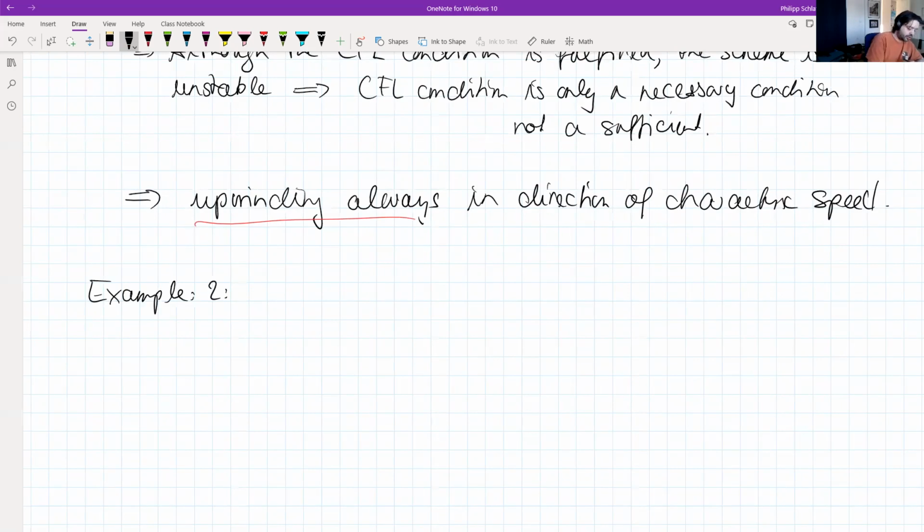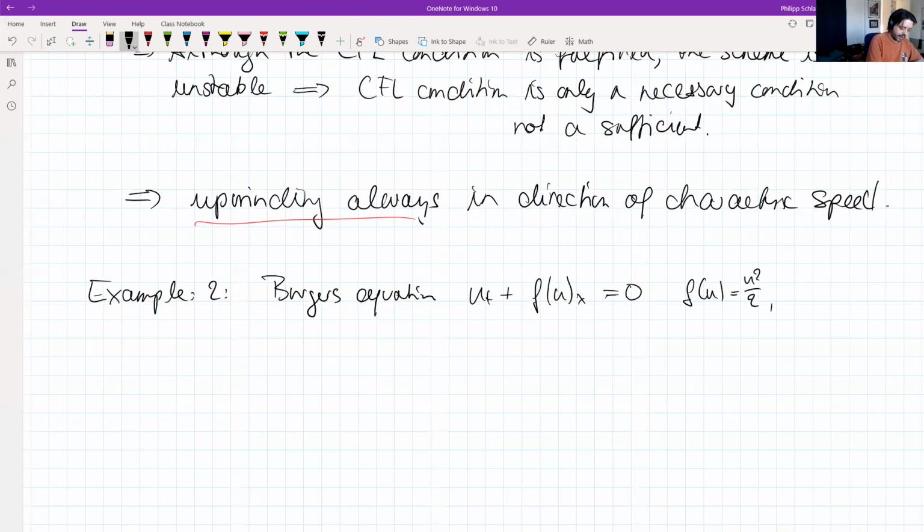That's example number 2. And again, we take the Burgers equation, which is a simple example of an equation which is nonlinear. Just write it down once more: u_t plus f(u)_x being 0, with, of course, f(u) being u squared over 2, or f'(u), which is the speed, being u.